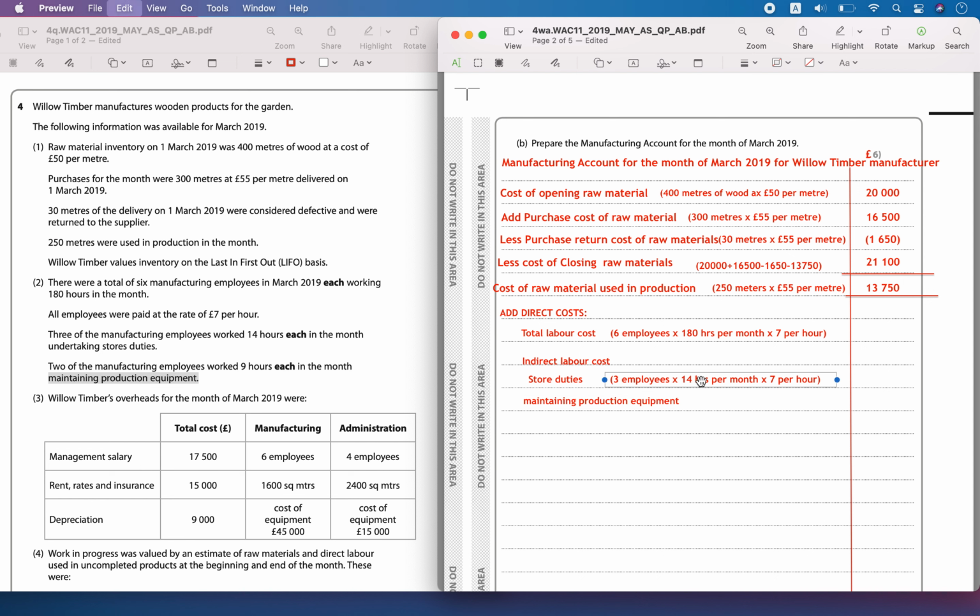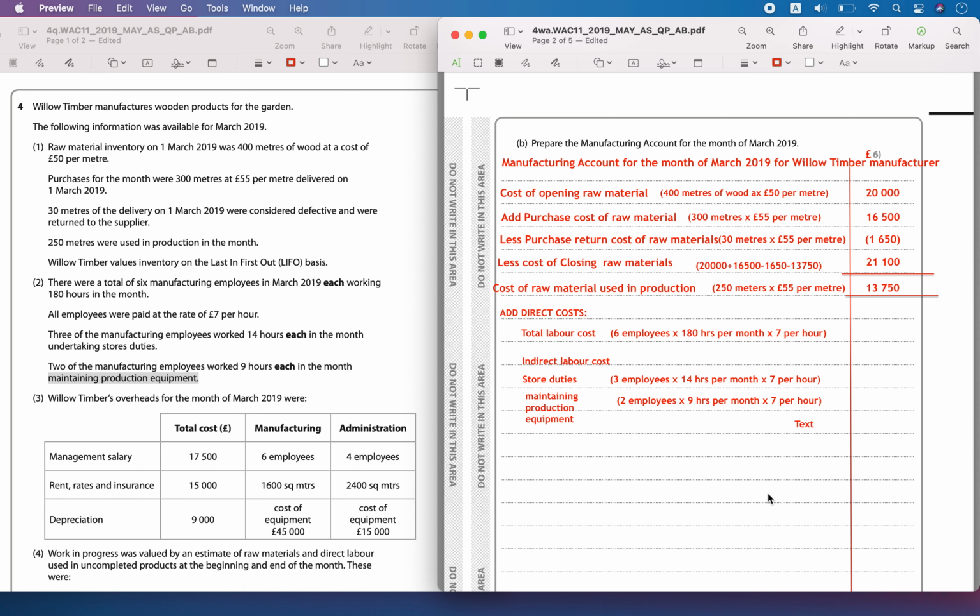So we can see that 2 employees are there, each working for 9 hours per month and they are paid at the rate of £7 per hour.